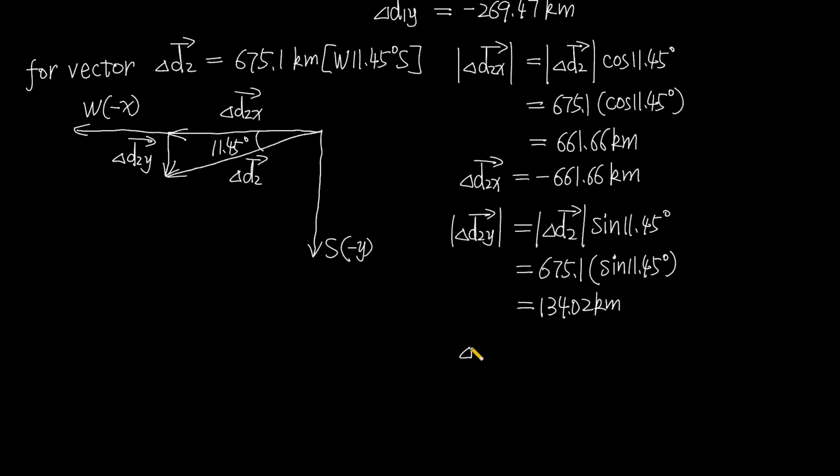Then the vector delta d2y is negative 134.02 kilometers. It's negative because its direction is negative y.